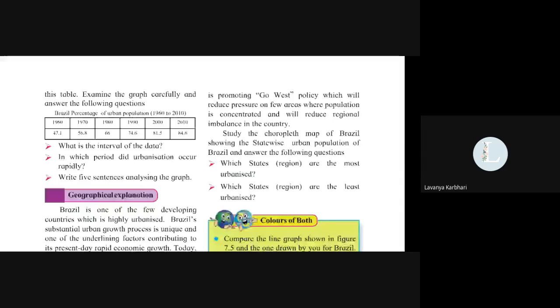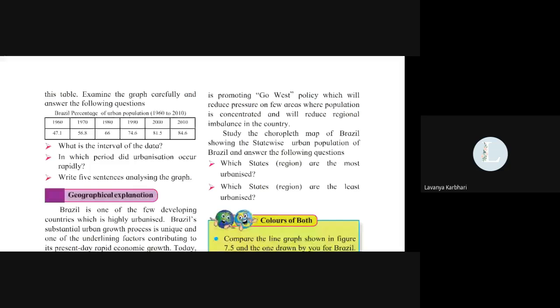In the 1980s it was 66, and moving towards 2010 it was almost 84.6. It means out of 100 people of Brazil, 85 people live in the city and only 15 live in rural areas. So urbanization is very high in Brazil, almost three times that of India.